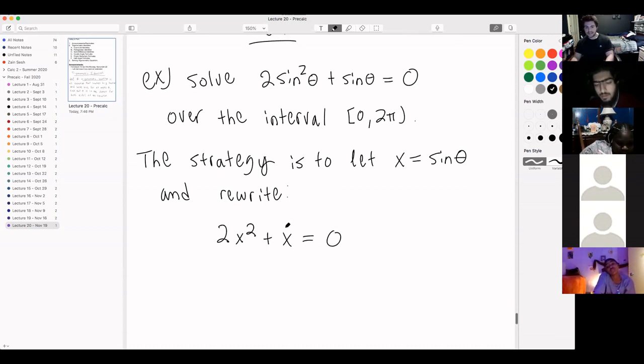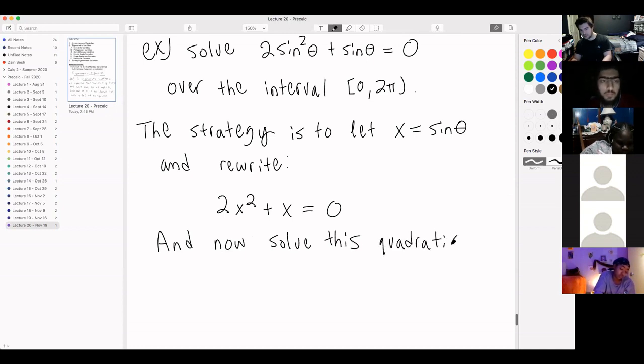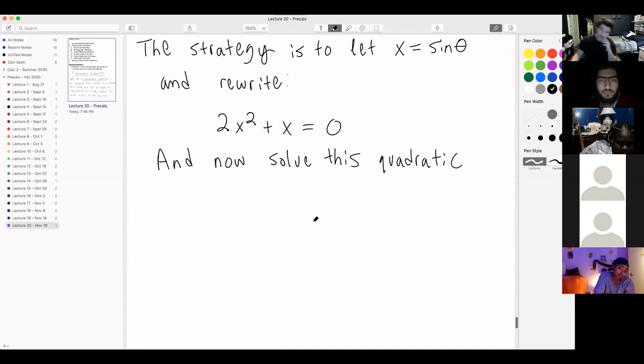Okay, now you solve the quadratic, which we know how to do. So we're always trying to find methods from earlier stuff that we did. And here we go. So how do we solve this guy? We can actually solve this by GCF. You can pull out an x.